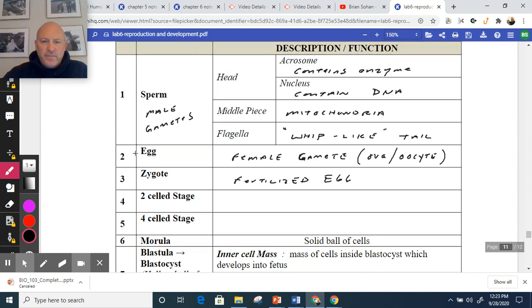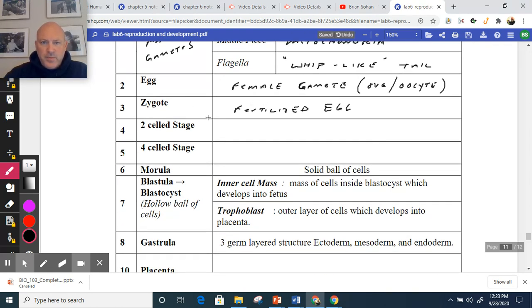So this is the product of sperm meeting the egg cell, and then we have mitosis happening.